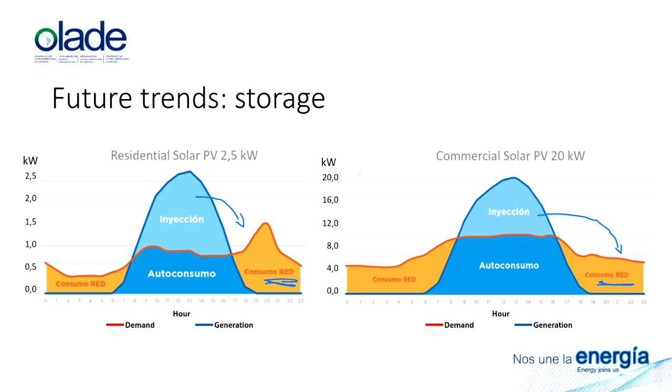So the economic incentive is always to increase self-consumption, which in the future, as storage prices decrease, will provide at least some economical incentive by itself for users to store this energy when they have excess generation. Instead of injecting to the grid, they will see benefit in storing energy and then flattening this curve and reducing peak demand, which is also good for the grid because we'll have a more optimized capacity usage.